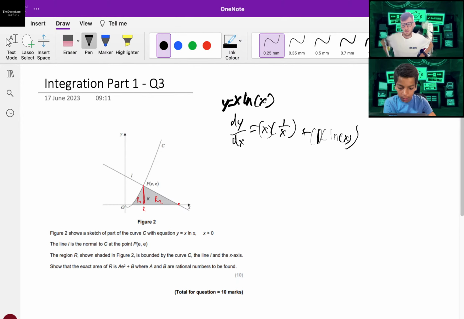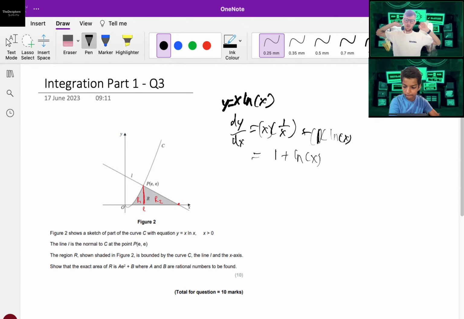So that is 1 plus ln x. I guess that's the derivative. Good. So can we now find the gradient of the tangent? Let's call it m_t, that's m with a subscript t.